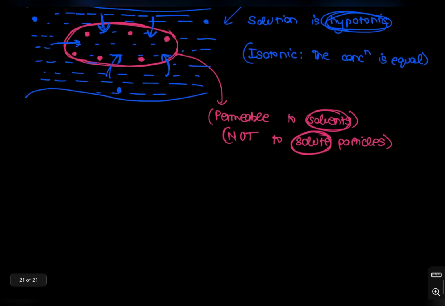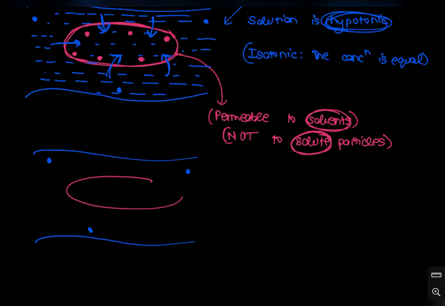So what you will see eventually is that the number of solute particles will remain the exact same, because there is no permeability for solute particles. But the solvent will increase inside the RBC, way more as compared to the solution outside it.